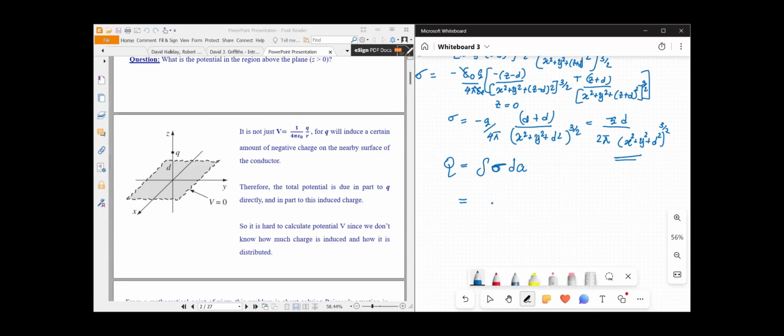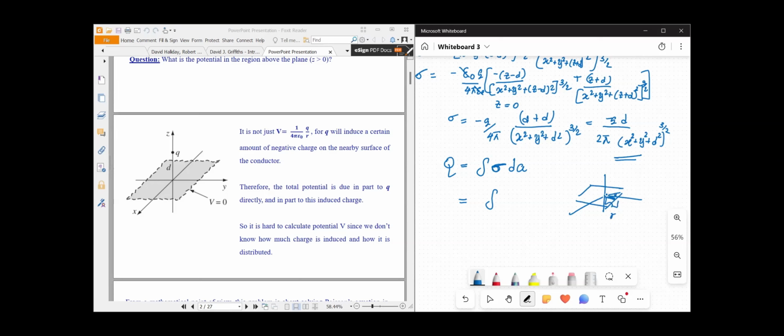I'm going to change the coordinate system to plane polar coordinates. So in plane polar coordinates, since we are considering the XY plane, we have the distance R and angle theta.